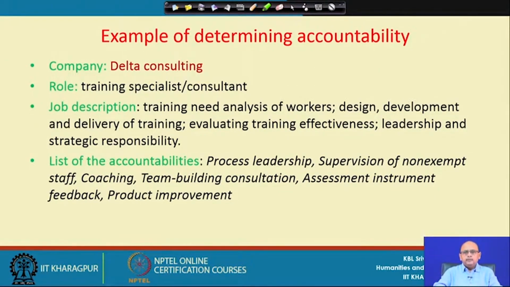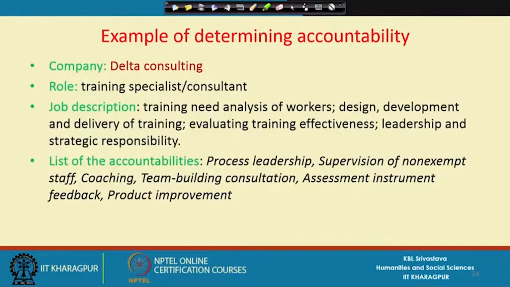So, how can it be made more effective by getting feedback from the employees, to see that it is going to be effective, right. So, when I am giving this example of Data Consulting, the idea here is to ensure that you look at the job description to start with and then you are able to identify the key accountability areas, right.